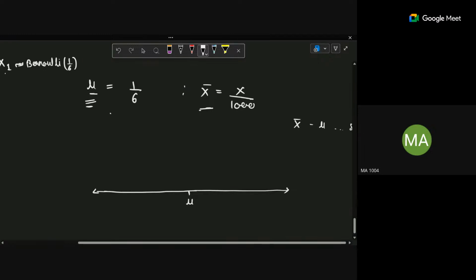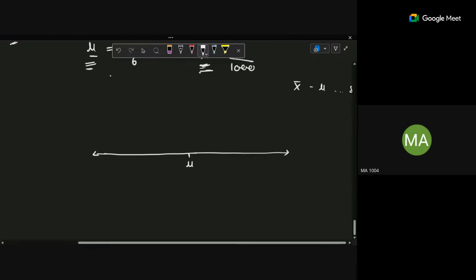And X bar is what? The sample mean. That means the experiment was you rolled 1000 dice and then calculated the sample mean, where your variables x1 to x1000 were following Bernoulli distributions. So mu will be somewhere, let's say 1 by 6, and we have also calculated X bar, which is nothing but X by 1000.